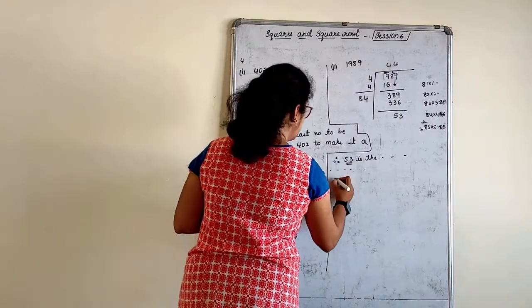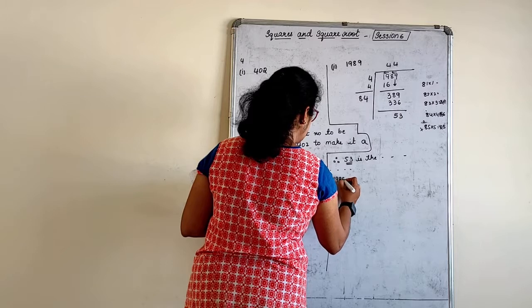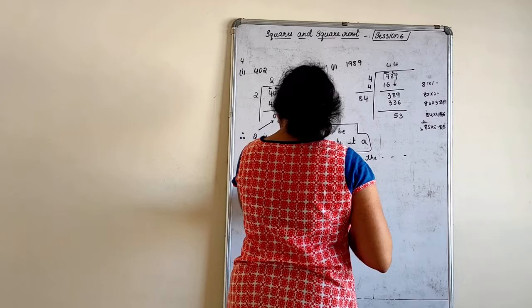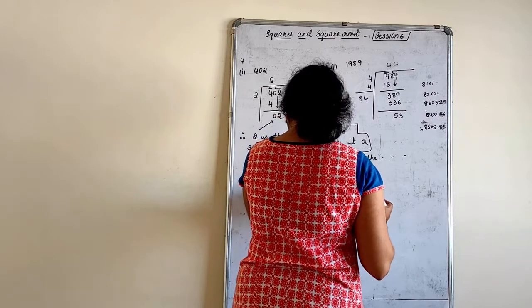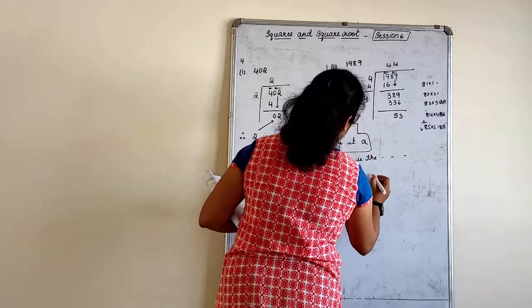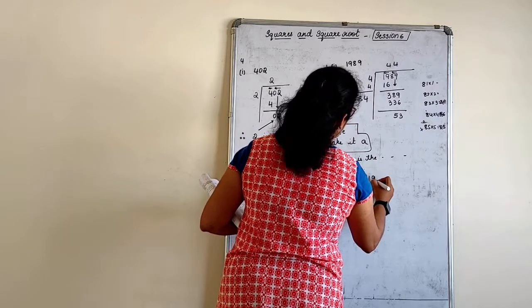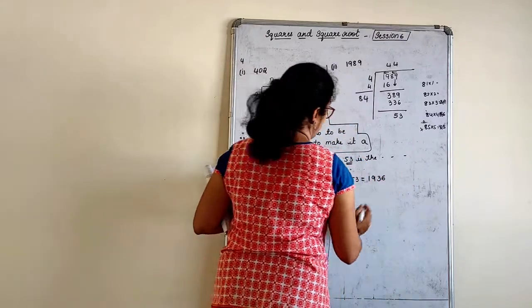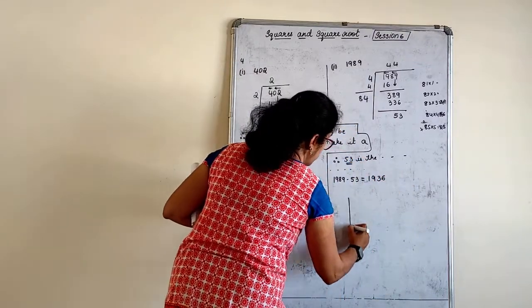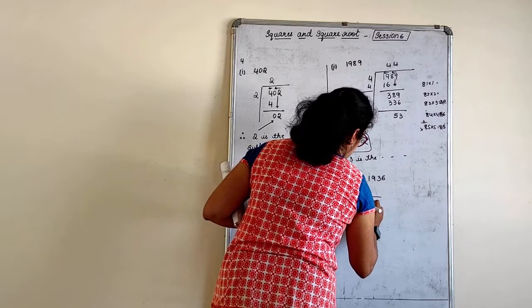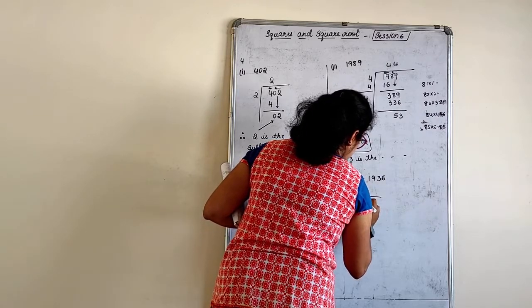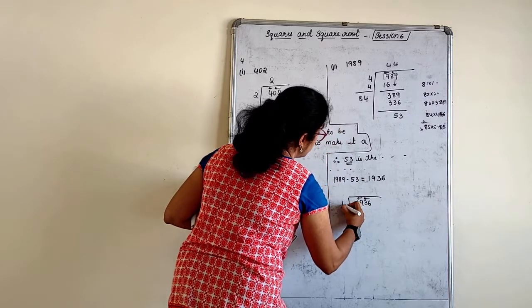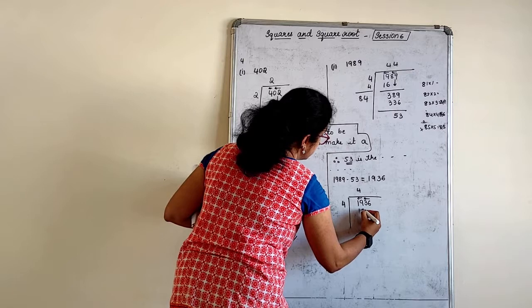Okay. So 1989 minus 53. How much do you get? When you subtract this you get 1936. So let's do this. 1936, 4 4s are 16.